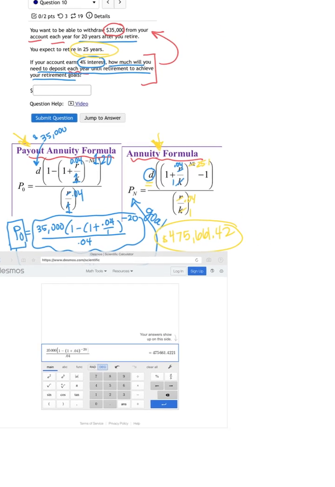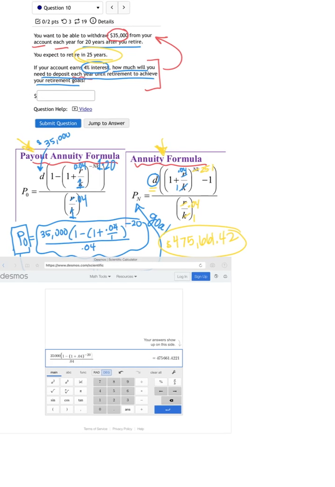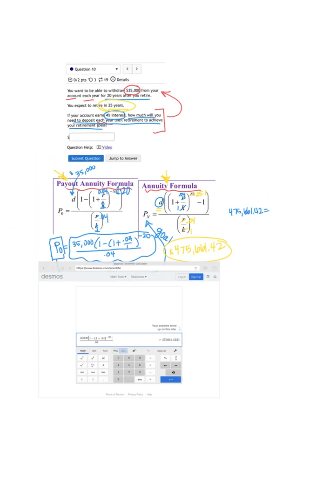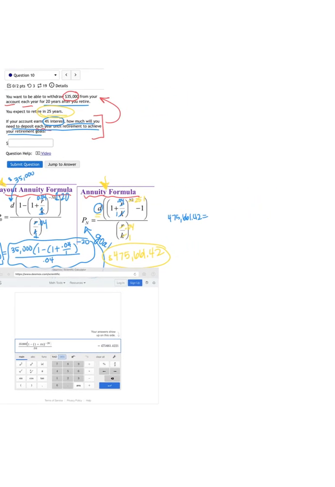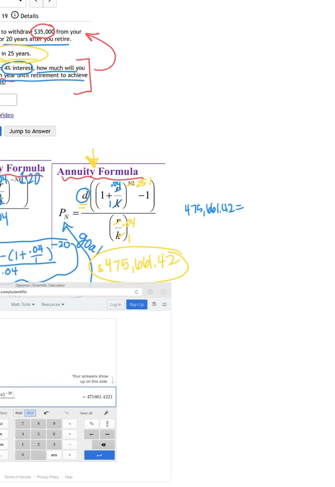So then if I come over here, 475,661.42 is now equal to D, which is the thing we want to find. And we'll have 1 plus 0.04 to the 25 minus 1, close that parenthesis, all over 0.04.